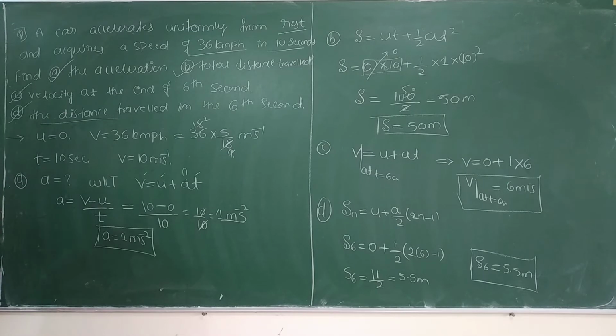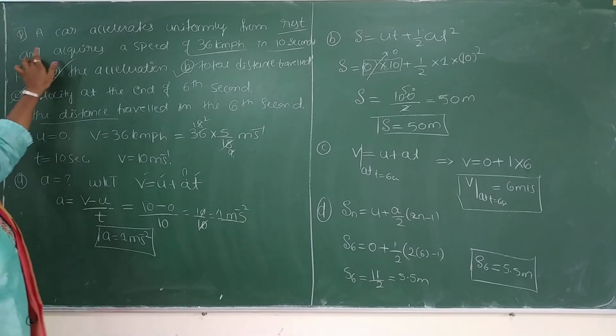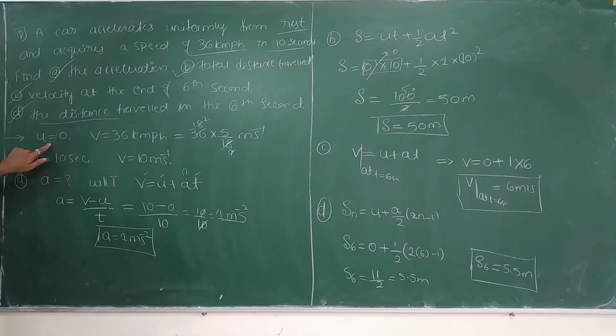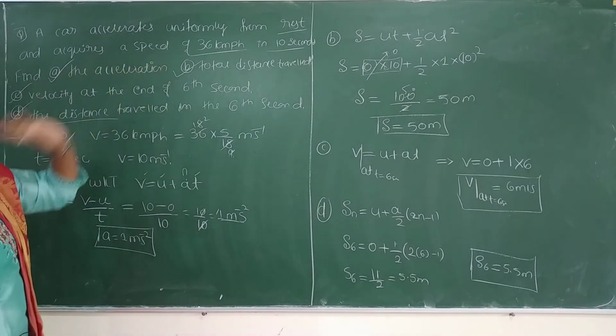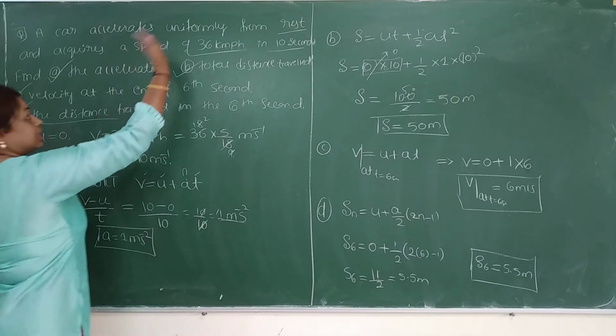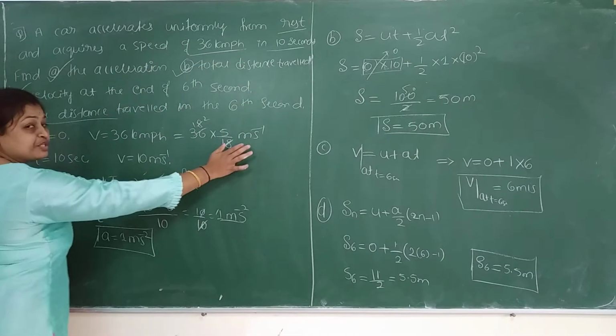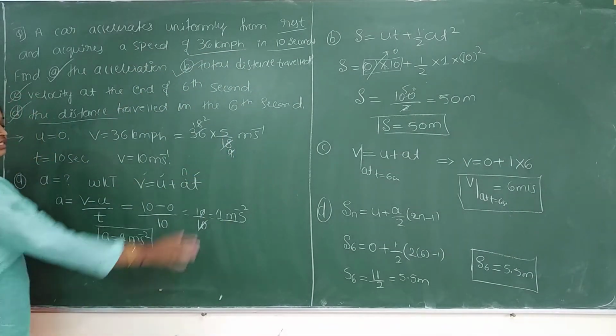Is it clear to all? Once again, a simple question. A car is moving with uniform acceleration, and initially it is at rest, meaning initial velocity is 0, and while moving it acquires how much speed? 36 km per hour. To convert this km per hour to meter per second, multiply by 5 by 18. It is a fixed amount.